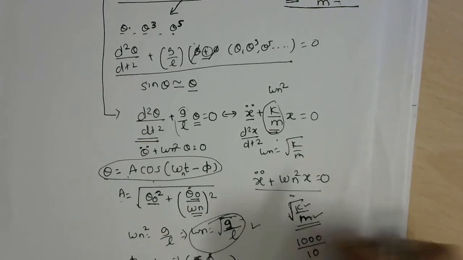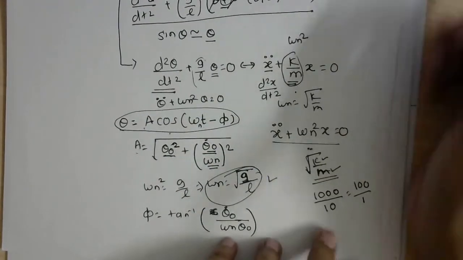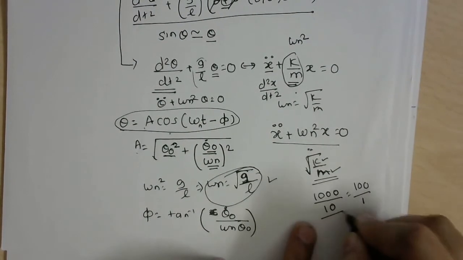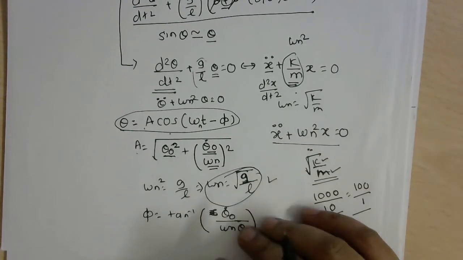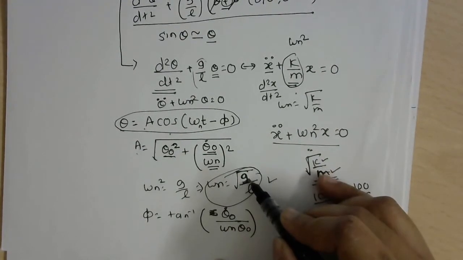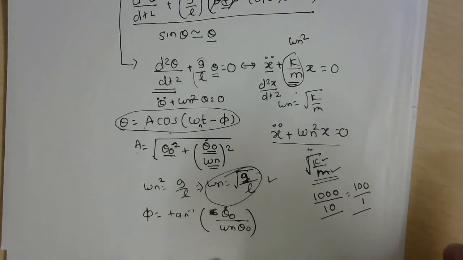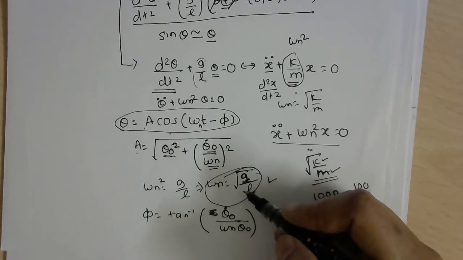You could have easily replaced that by 100 units of k and 1 unit of mass. However, things would not have changed at all. Everything would have been identical. As long as this ratio of k by m remains constant, everything is going to remain constant. In the same fashion, as long as this ratio of g by l remains constant, everything else is going to remain constant. So you have now seen that there is no role of mass in it.